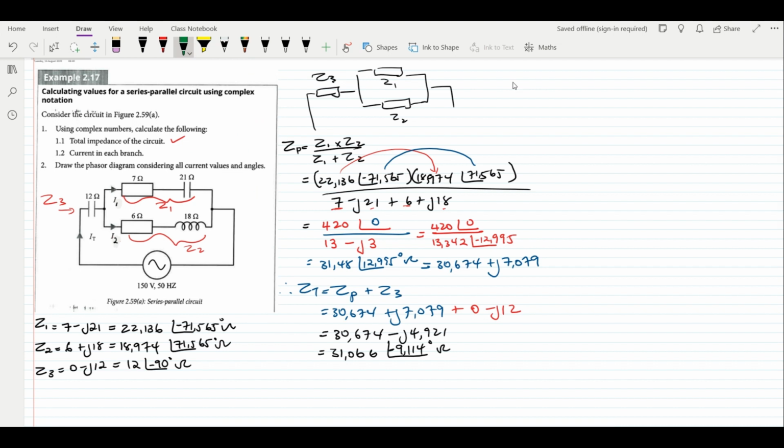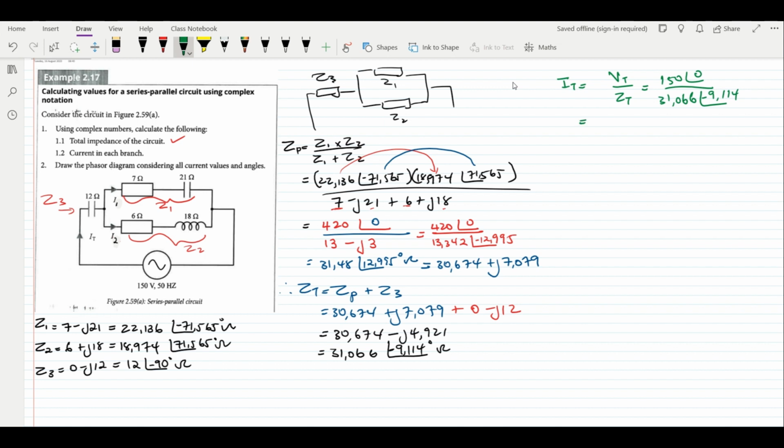So the total current in the circuit will be given by Vt divided by Zt, the total supply, which is 150, it is always at an angle of 0 degrees. So 150 angle of 0, Zt to be 31.066 at an angle of negative 9.114.